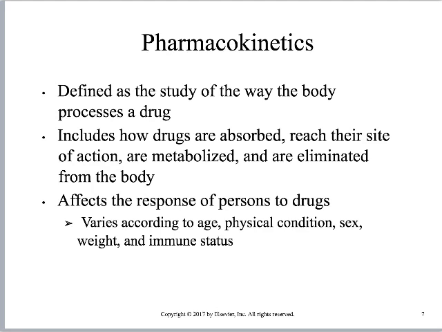This affects how the person's going to respond to the drug, and those effects vary according to the individual's age, their physical condition, how healthy they are, their sex, their weight, their immunity status, and a number of other things that could just be called subjective, just like how it makes them feel.